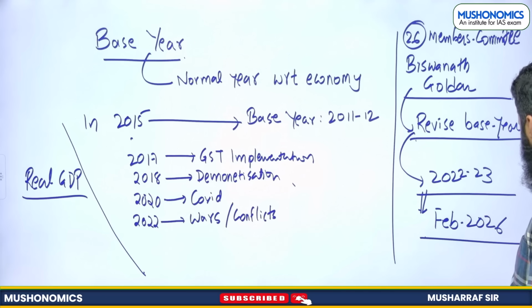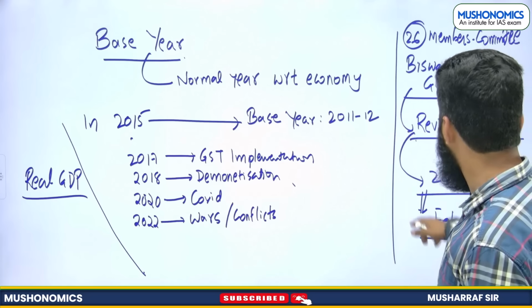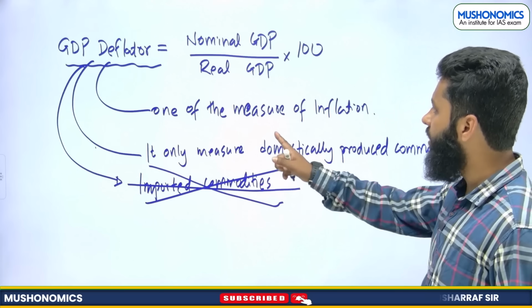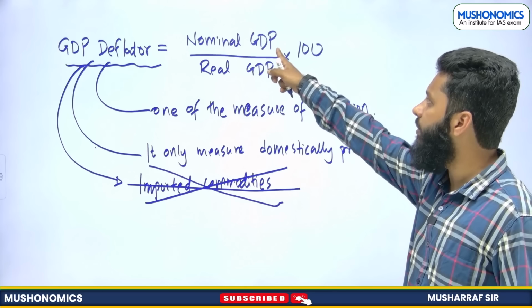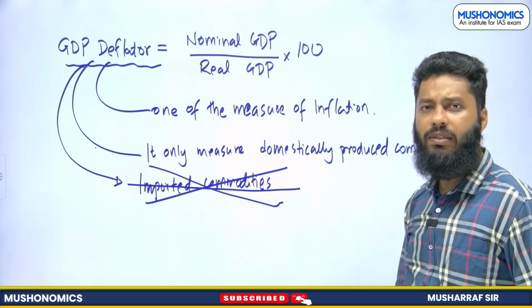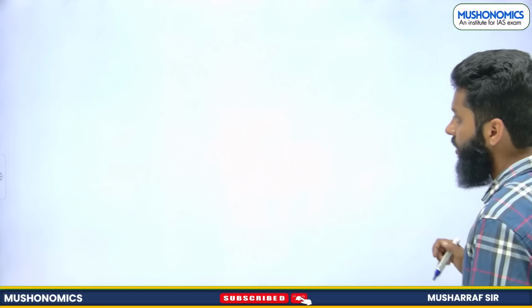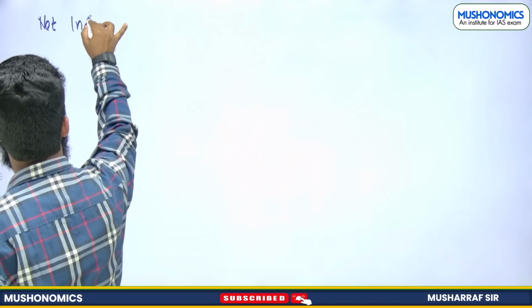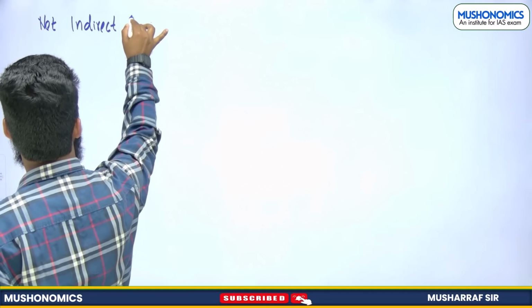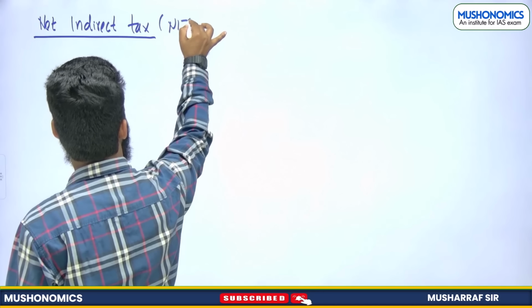Now, one more concept we need to understand here. These are the two variants that we have understood: GDP at constant prices, that is real GDP, and GDP at current prices, that is nominal GDP. Now, one more concept we need to understand is net indirect tax, also written as NIT.